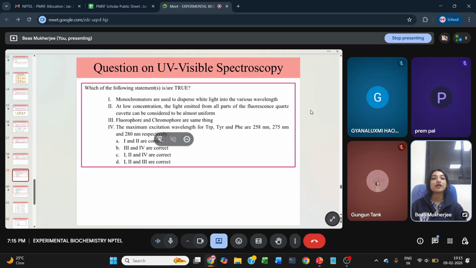Okay, so now we have another question. Monochromators are used to disperse white light into various wavelengths, which is true, they are asking you. At low concentration, light emitted from all parts of the fluorescence quartz cuvette can be considered almost uniform. Fluorophore and chromophore are the same thing.